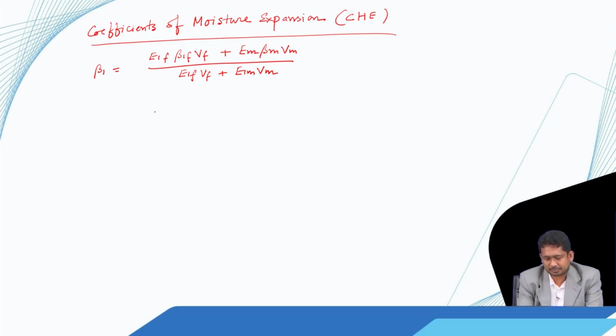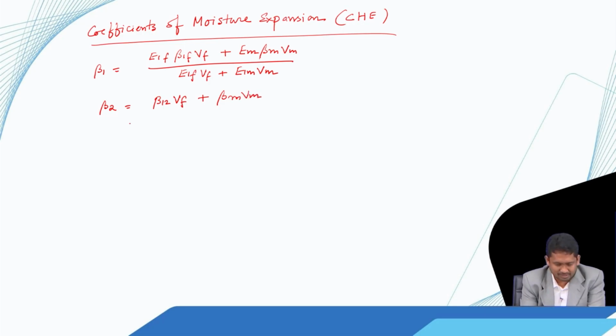Now, here again beta represents the moisture expansion coefficients. So, when it is f, it is for fiber, m for matrix, and accordingly beta 2 is equal to beta f into Vf plus beta m into Vm, and that is from the strength of material based approach.